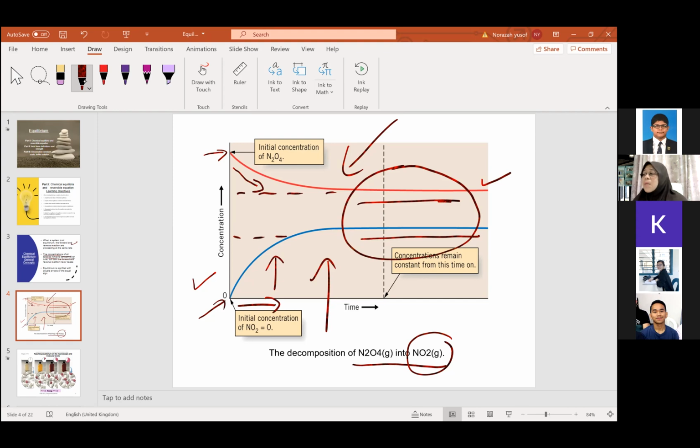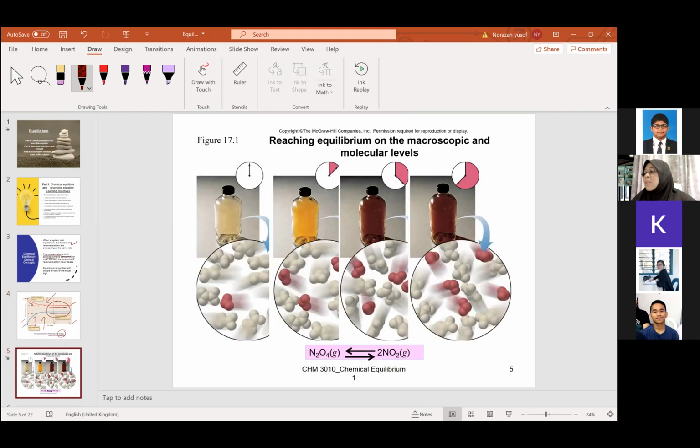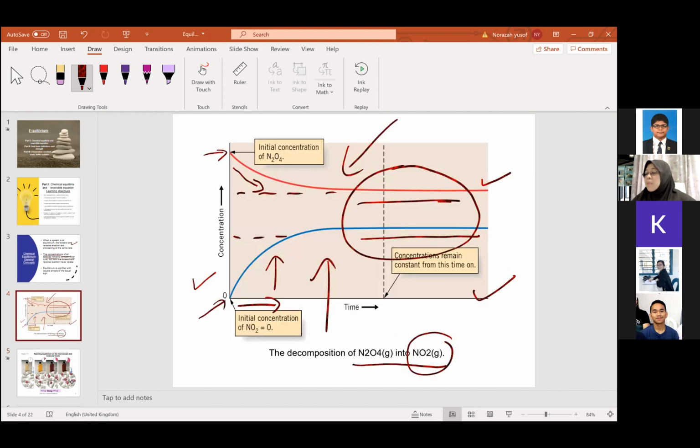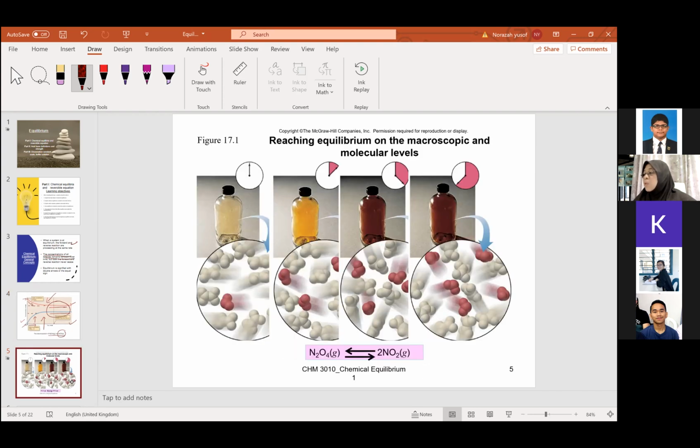You have to be able to draw this diagram, if you are asked to answer the question, what is equilibrium, when you try to define a system at equilibrium. This is just a picture, a diagram showing the N2O4 decomposing into NO2.